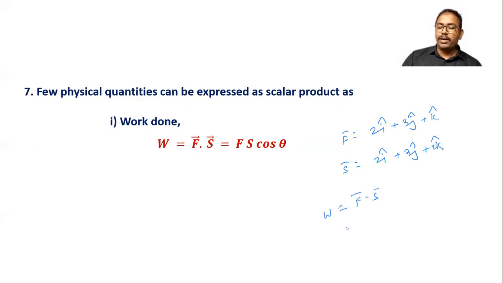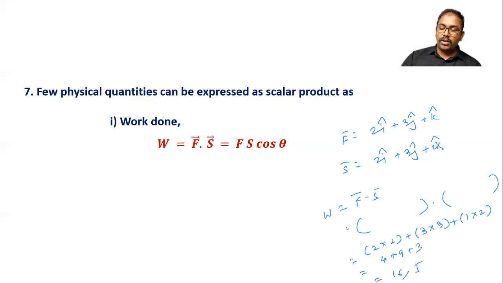Multiplication of the i component means 2 into 2, plus 3 into 3, plus 1 into 2. Then it is 4 plus 9 plus 3, so it is 16. So 16 joule is the work done.